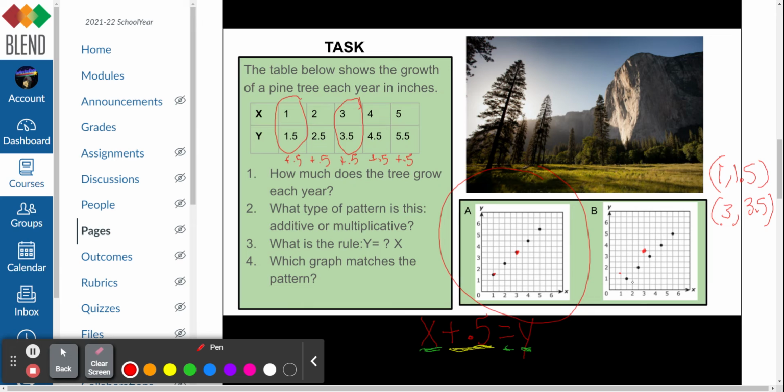We might be able to find the pattern for this graph, 1.5, and it looks like we jumped 1, so this looks like 1.5 and 1. The next spot looked like 2.5 and 2. Oh, it looks like what happened with this one is they mixed up our x and y. All right, so on this one, you can see that x and y got flip-flopped, and this is what it would look like.